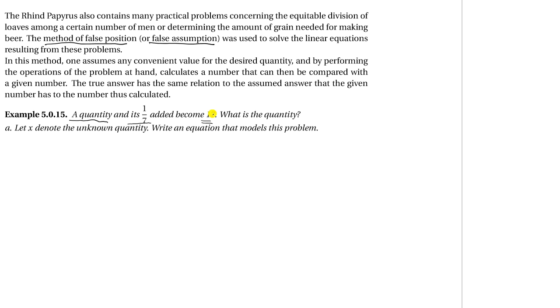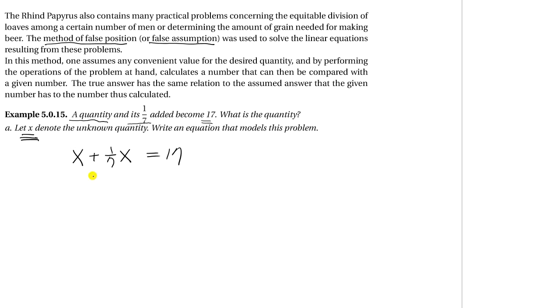So in our own modern style, we just put x notation for that quantity and look for the value of x. Then we can translate the meaning: the original amount plus 1/7 of it. So x plus 1/7 times x equals 17.